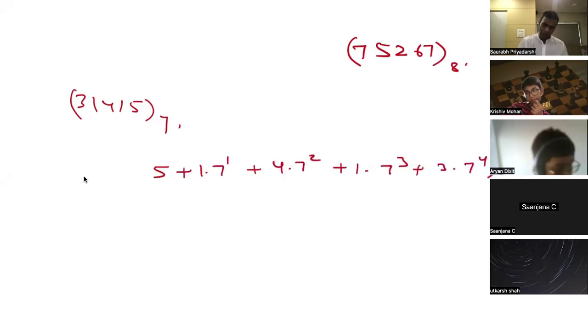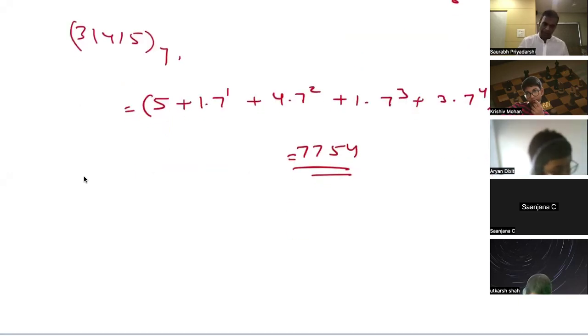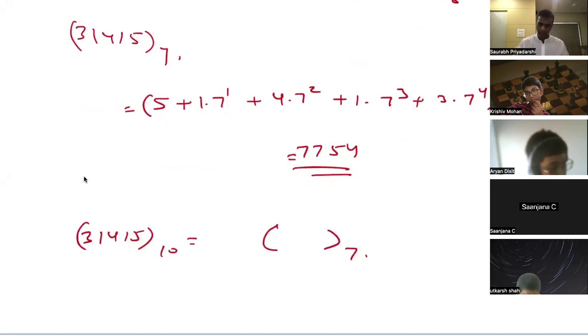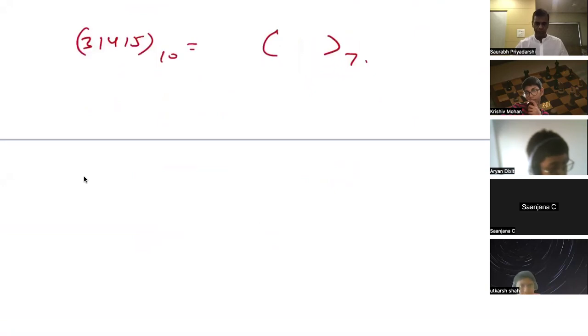This number is 5 plus 1 into 7 to the power 1, 4 into 7 square plus 1 into 7 cube plus 3 into 7 to the power 4. So I hope everyone is getting it. 7754, something like this. But if I change this, do it. Only the basic calculation part.